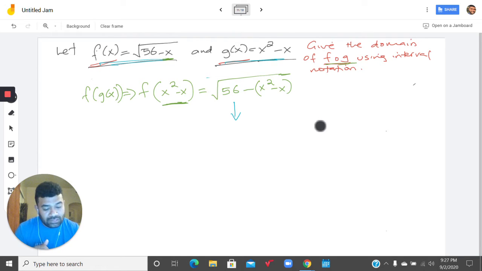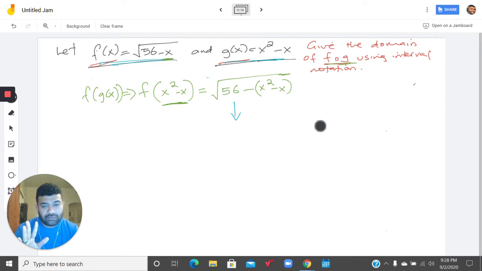So now we know that we cannot have a number less than 0 inside the radicand, or what we call the square root. So we'll just leave the square root and bring down the whole function, but we set aside the square root. We don't worry about the square root now.